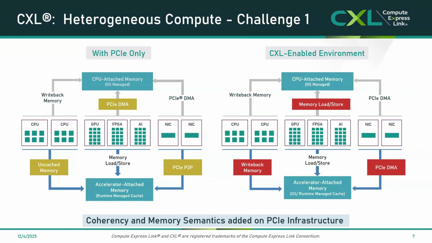On the left side, system memory, which is basically DDR today, is cacheable memory, but only within the context of the CPU hierarchy. So any access from the PCI Express devices, whether it is your GPUs or FPGA or any other purpose-built AI accelerator, to that system memory happens through memory reads and writes. Those are non-coherent on PCI Express.